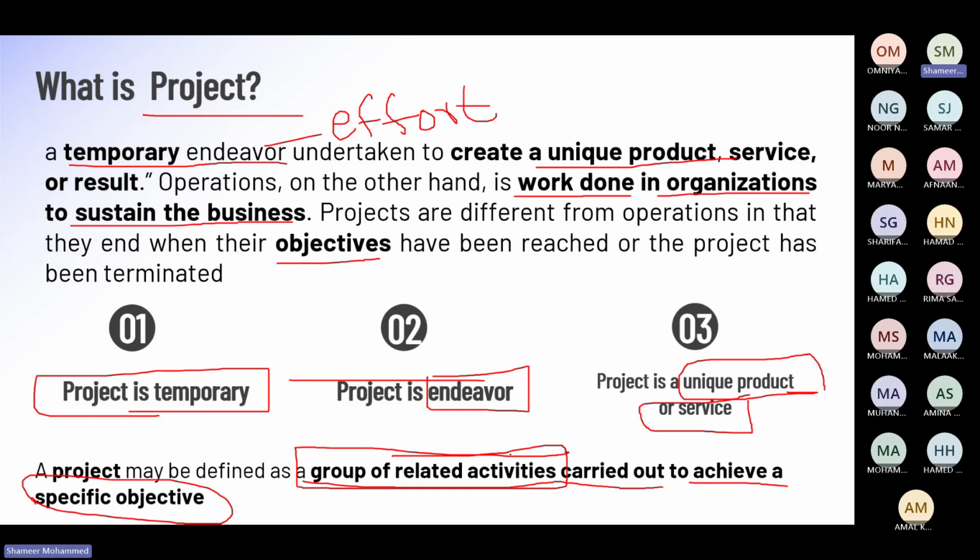Then after that, in the program Arduino or Raspberry Pi, you will write the program. Then you will run the program, then you can see the result. So this is nothing but your project. Project is defined as a group of related activities you are going to do in order to achieve the objective of the project.